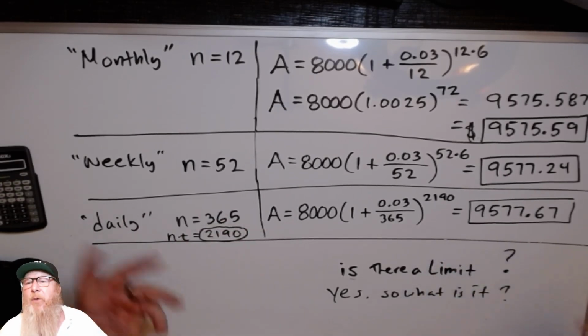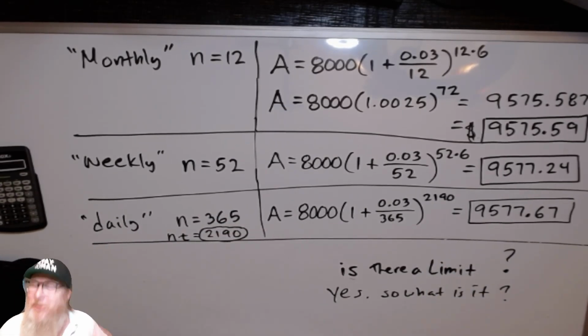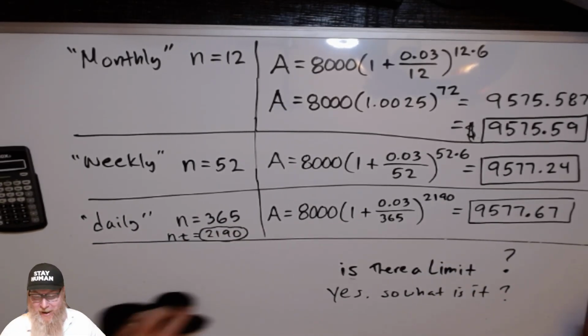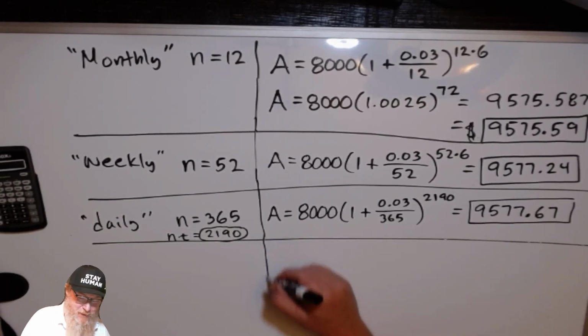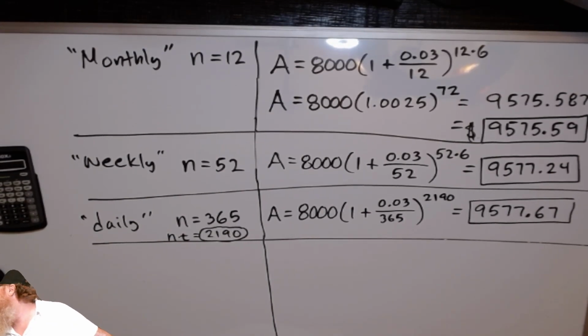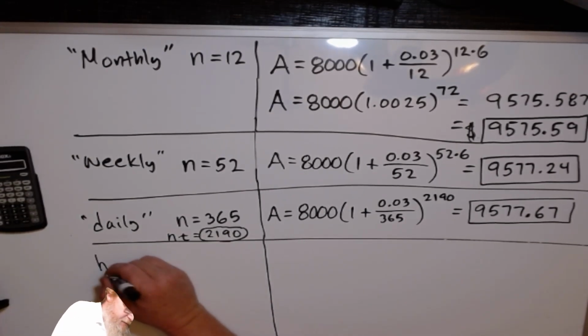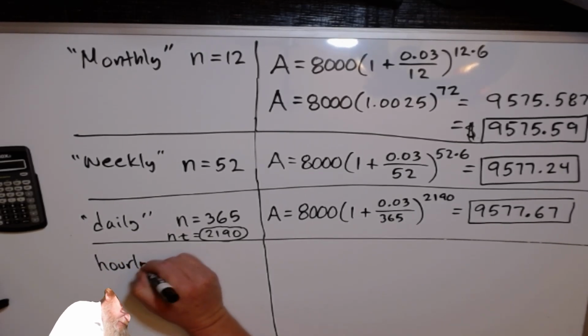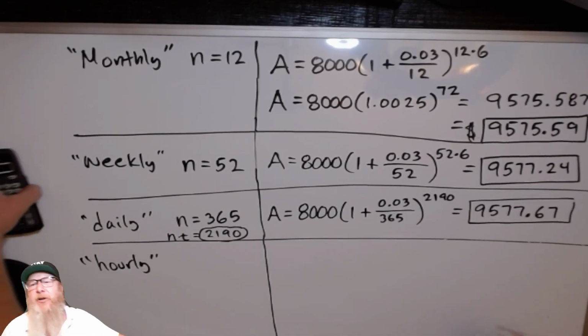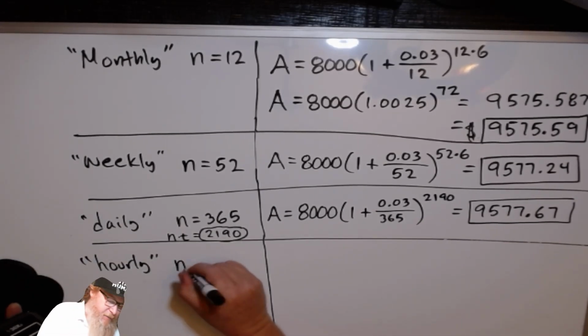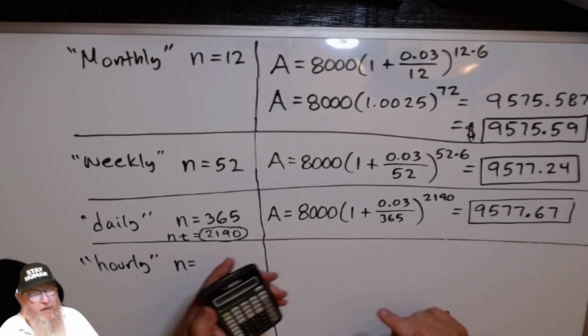Well, let's do a few more, all right? Let's do a few more, and maybe we could figure out what that limit is. All right, I've got room for a couple more. What's after daily? How about hourly? Every hour. Now, you might already have this memorized, how many hours are in a year, but I don't.